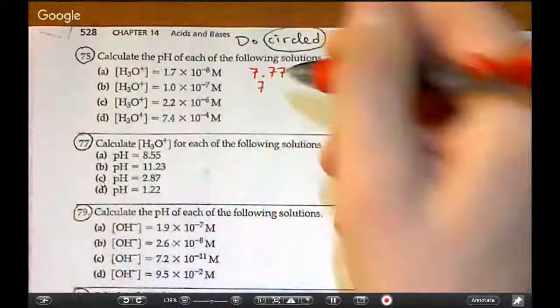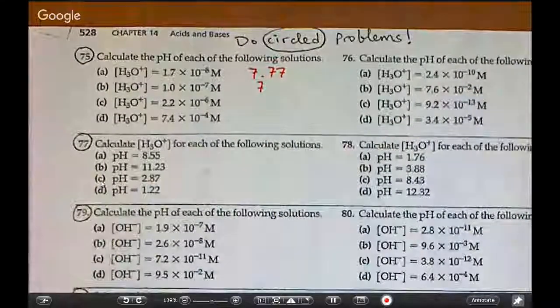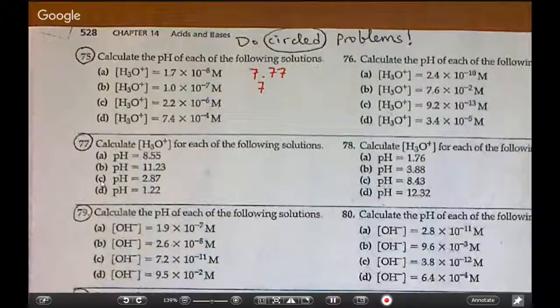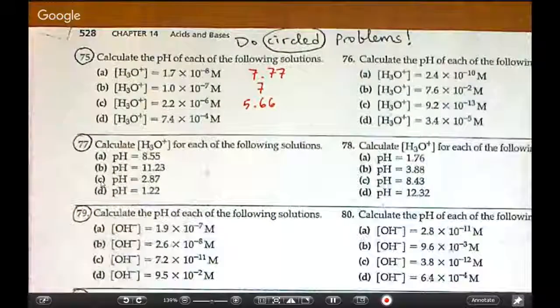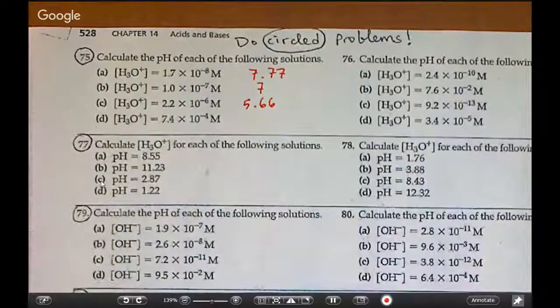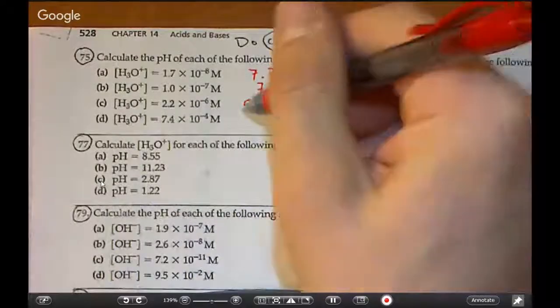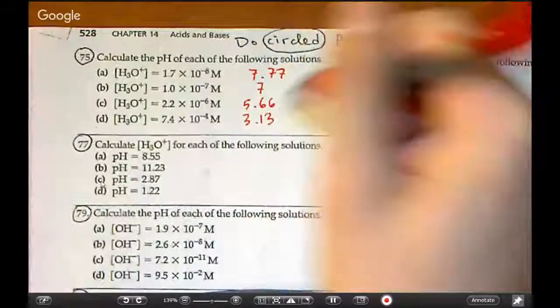B should just be 7. C is 5.66. And D is 3.13.